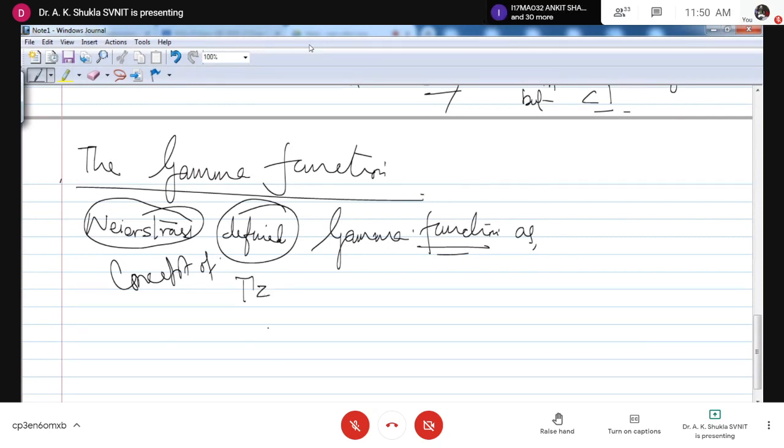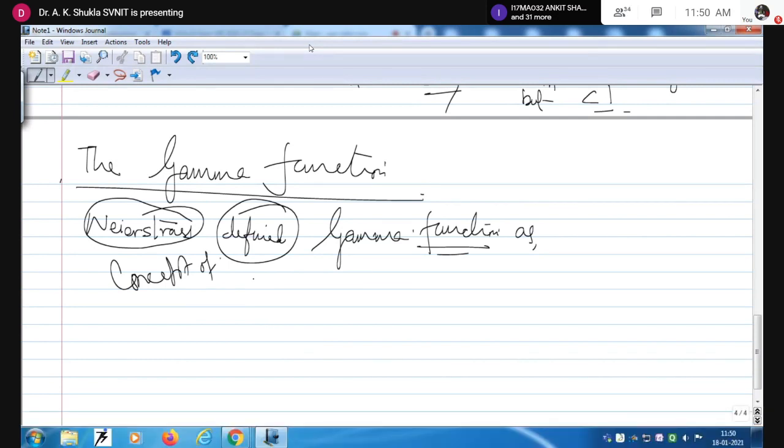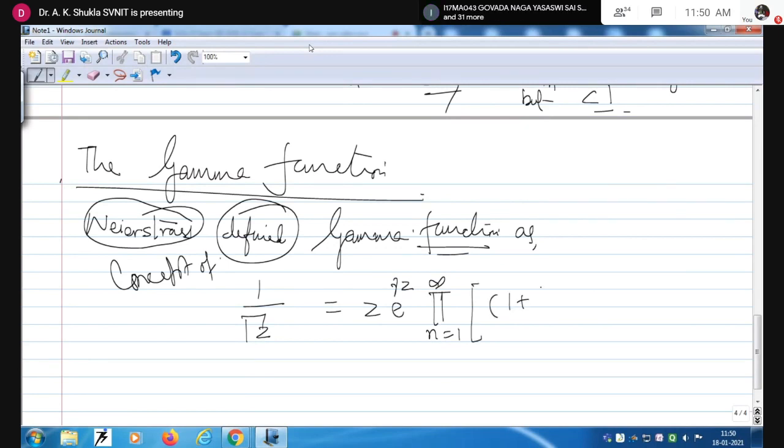1 upon gamma z equal to z is this, and e raised to power gamma z, that is an infinite product, n equal to 1 to infinity, and this can be written as 1 plus z upon n, and this exponential of minus z upon n.